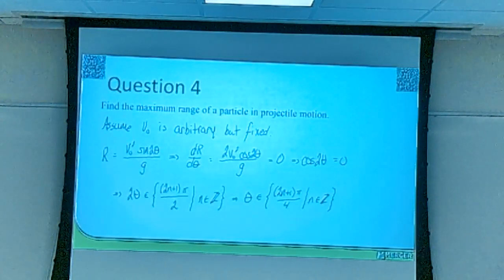Gravity is still affecting it. And 90, it technically could have pi over 2. It's just going to go straight up and straight down, basically free fall at that point. Well, we want the theta that's between 0 and pi over 2. There's only one of them. It's pi over 4.